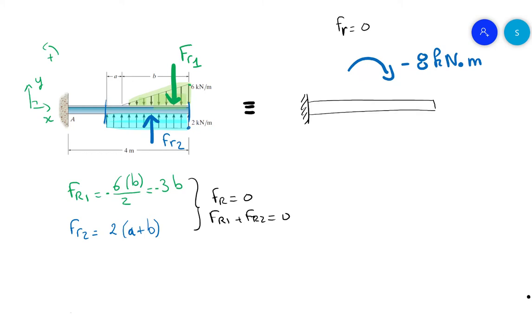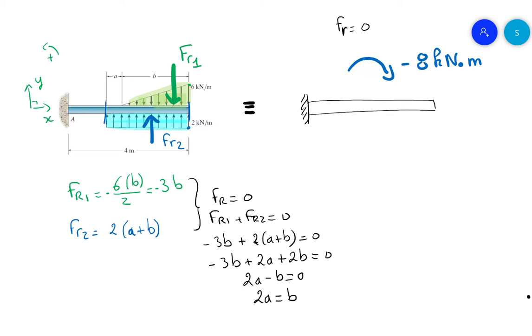So we can write down minus 3B plus 2 times A plus B equals 0. So we got minus 3B plus 2A plus 2B is equal to 0. So we have 2A minus B equal to 0. Or we can write that 2A equals B. We will use that a little bit later.